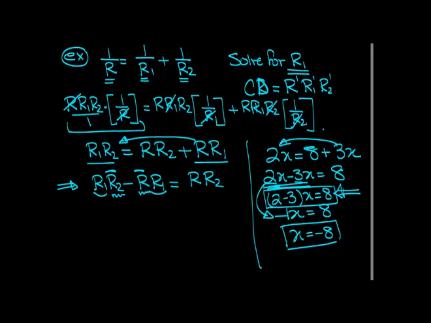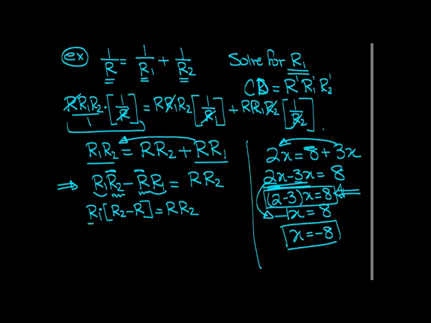So if you look at this, in both of these terms, R1 is common, so I can take it out. I'm left with R2 minus R, and on the right I have R times R2. So we combine these. Now this bracket, R2 minus R, is attached to this R1 by multiplication.